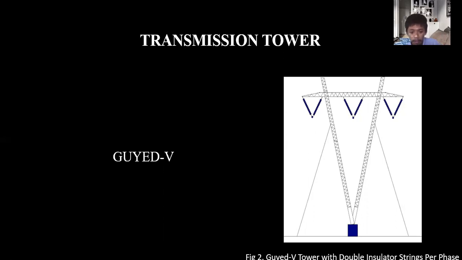The guyed towers also require less time for installation. The main disadvantage is that these towers require more space due to the presence of guy wires. This tower uses two string insulators per phase arranged in V form.